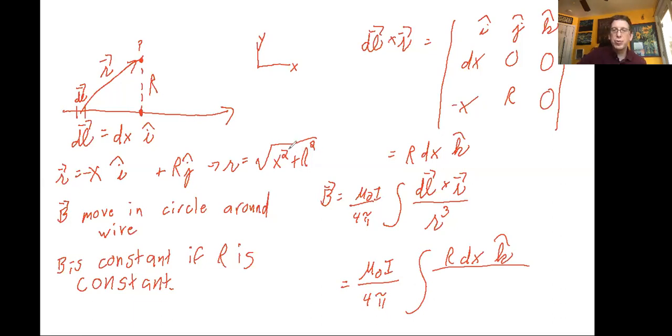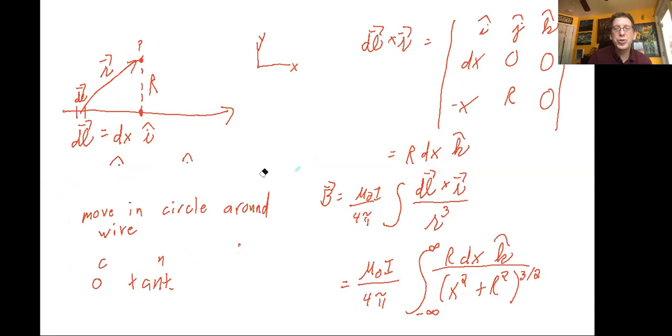Script r cubed is x squared plus capital R squared to the 3/2. And it's an infinite length of wire, so you're going from negative infinity to positive infinity. So that's the integral we're going to be evaluating. So we've done the hard part, or the integration part is actually easy. The vector analysis is the hard part, but we now have an integral we can work with.